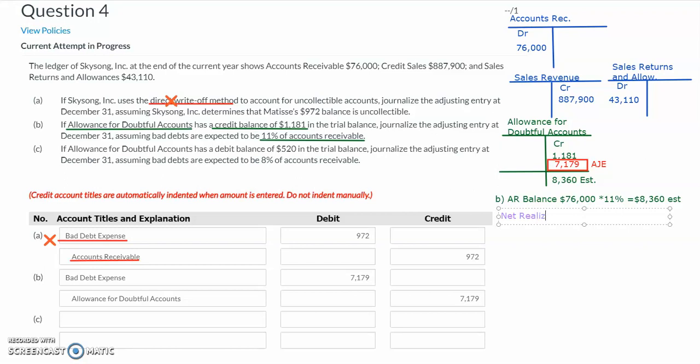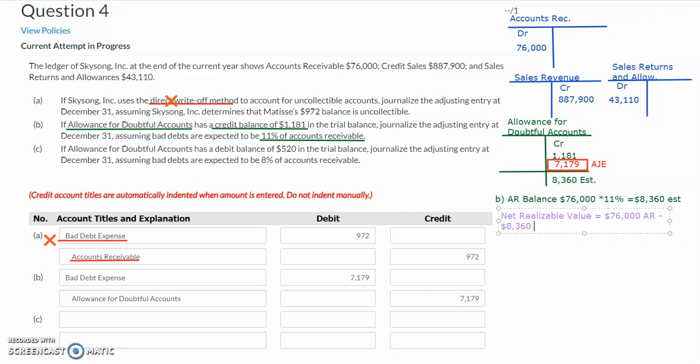So our net realizable value in this example would be the balance of 76,000 in our accounts receivable minus our ending estimate for our allowance for doubtful accounts. So the amount that we expect might not be received.